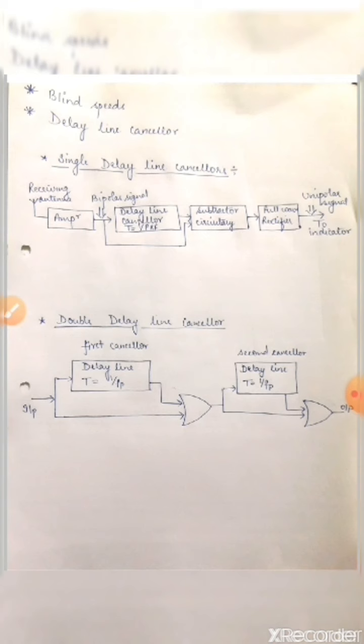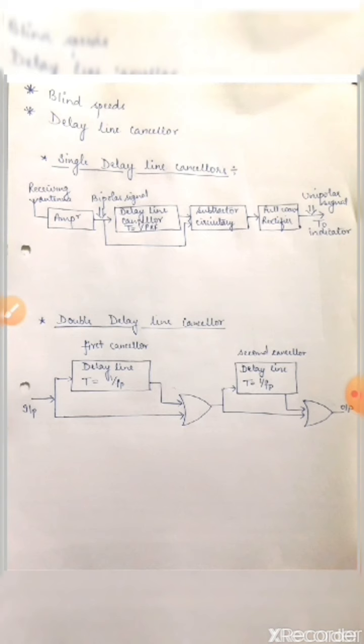If the echo is due to a stationary object, then its position, angle and amplitude will remain the same, and the echo is due to a moving target.